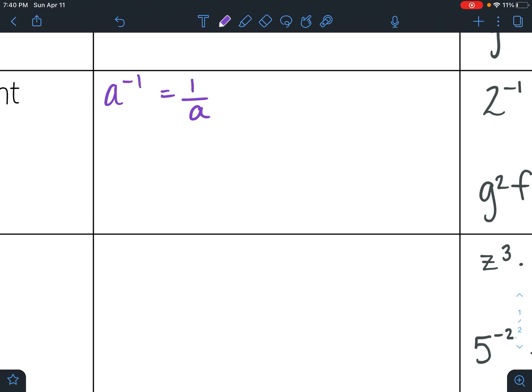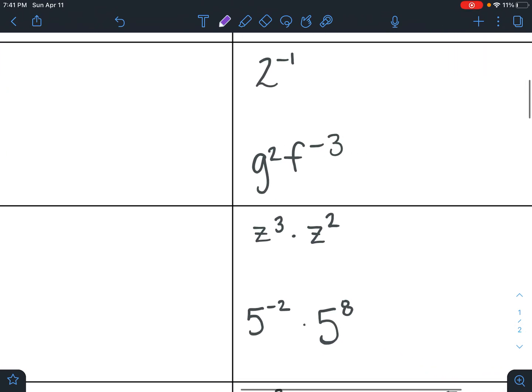Now, what happens if that negative exponent is on the bottom? So say I have 1 over a to the negative 1. Once again, that just flips. So now it's going to be a to the 1 on top. So wherever that negative exponent is, whether it be on the numerator or the denominator, you're going to flip where it is and make that exponent positive.